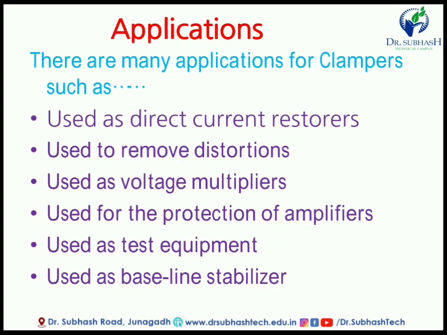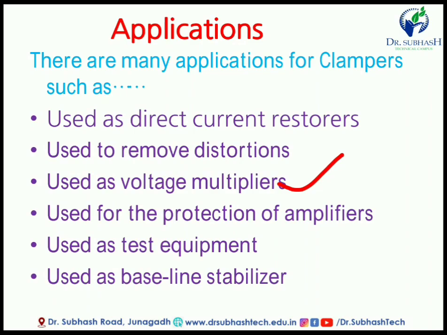So the main application of clamping is in the multiplier circuit. If you want to increase the level of the signal, we can design a multiplier circuit using the clamper circuit. Another application is the protection of the amplifier. For amplifier protection, a clamping circuit is also required.